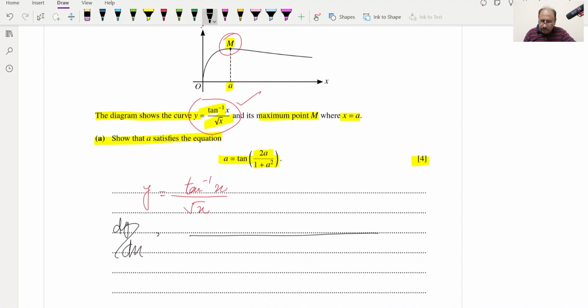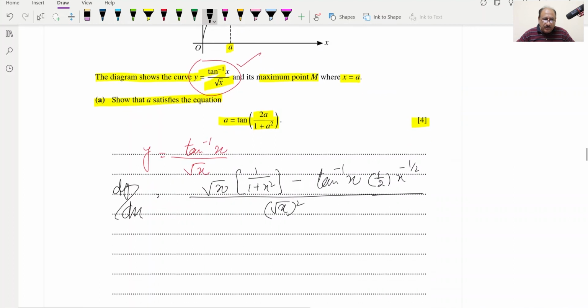So square of the denominator, it will be x under root squared and x under root as it is, and this is derivative of tan inverse x will be 1 over 1 plus x squared, so we can write 1 over 1 plus x squared, and then minus tan inverse of x as it is, and derivative of the denominator, which will be 1 by 2 into x raised to minus 1 by 2, and this will be the derivative.